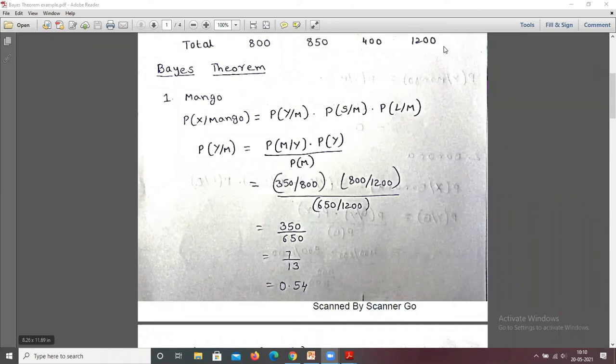So the first case is that X may be mango.